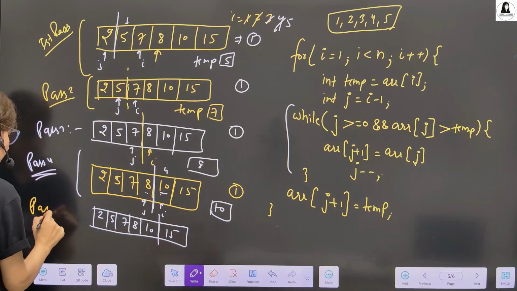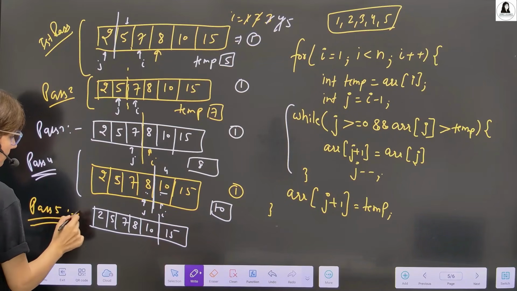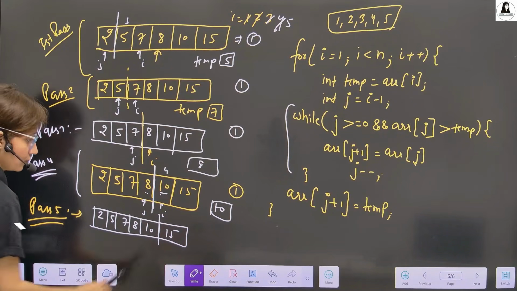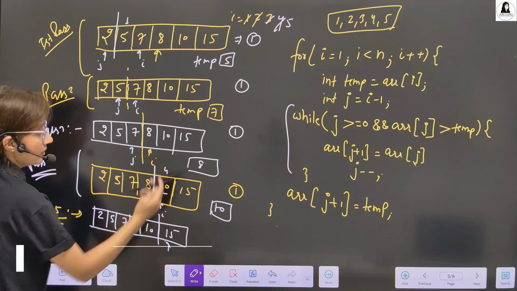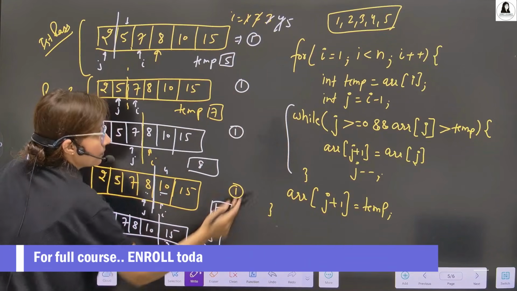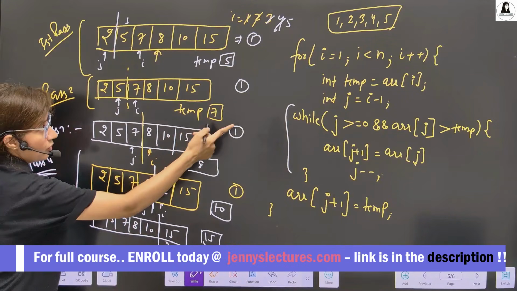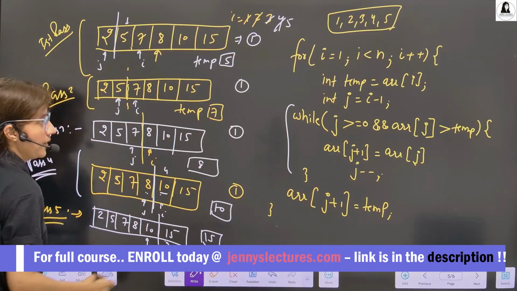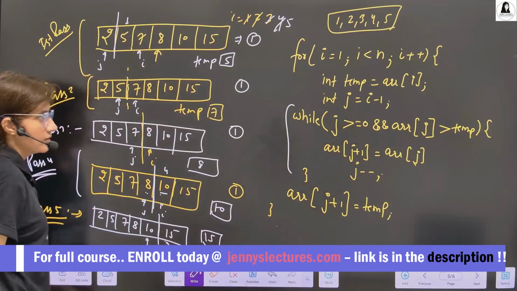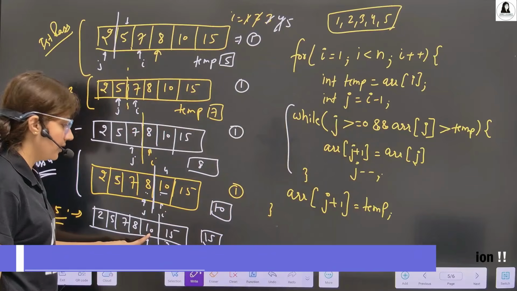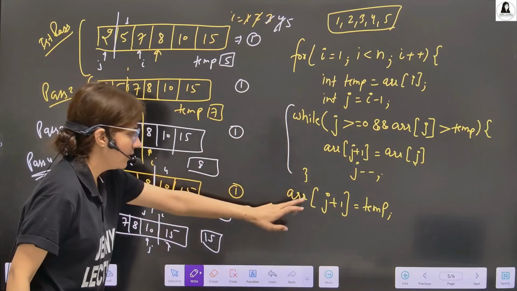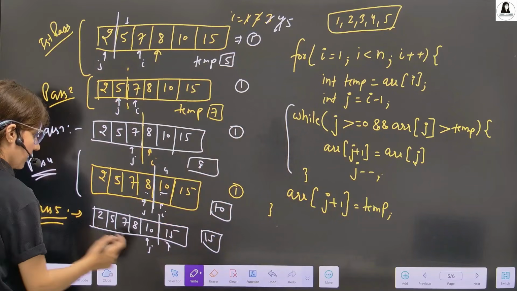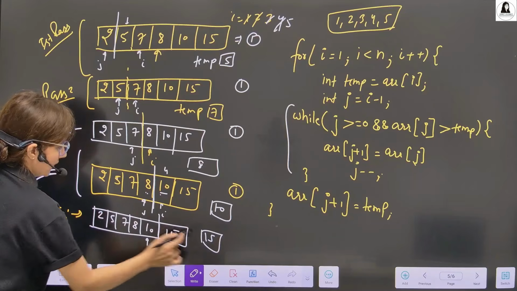Now we have pass 5. In pass 5, I is here. In temp, I'll have 15. J is equal to I minus 1, J is here. Compare. Is this true? Yes. Is the second condition true? No, 10 is not greater than temp. So we don't enter the loop again. Again insert temp here, and after pass 5, the array would be completely sorted.